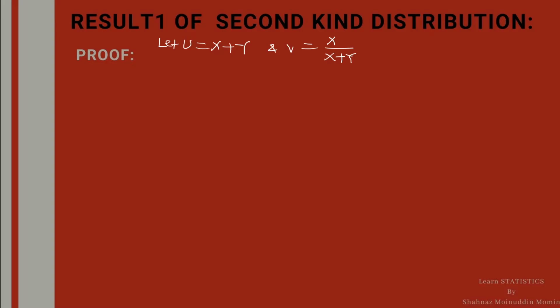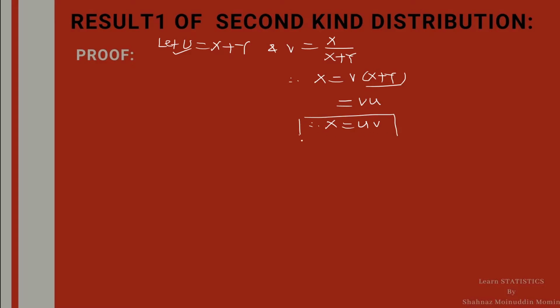Therefore, from this expression, x is equal to v into (x plus y), but x plus y is u, so it is v into u. Hence, the value of x is u into v.